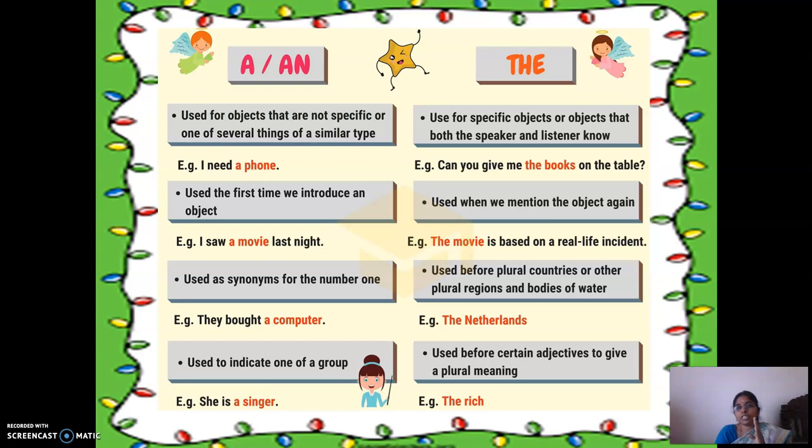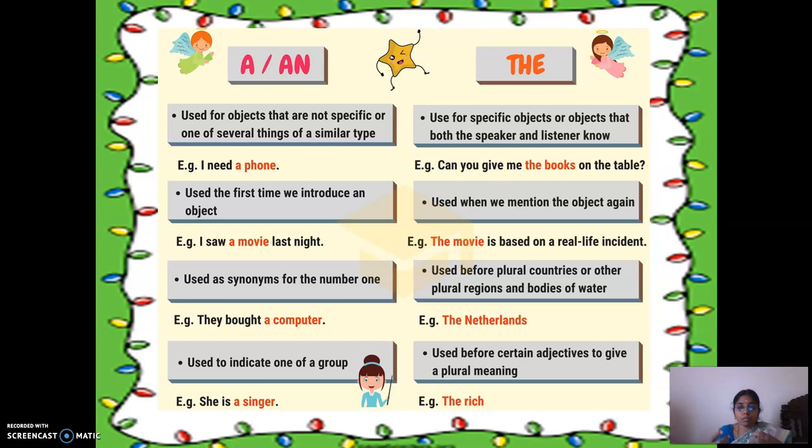What is the rule for the? Used for specific objects, or objects that both the speaker and listener know. So, for example, can you give me the books on the table? So the books, I'm using the books.